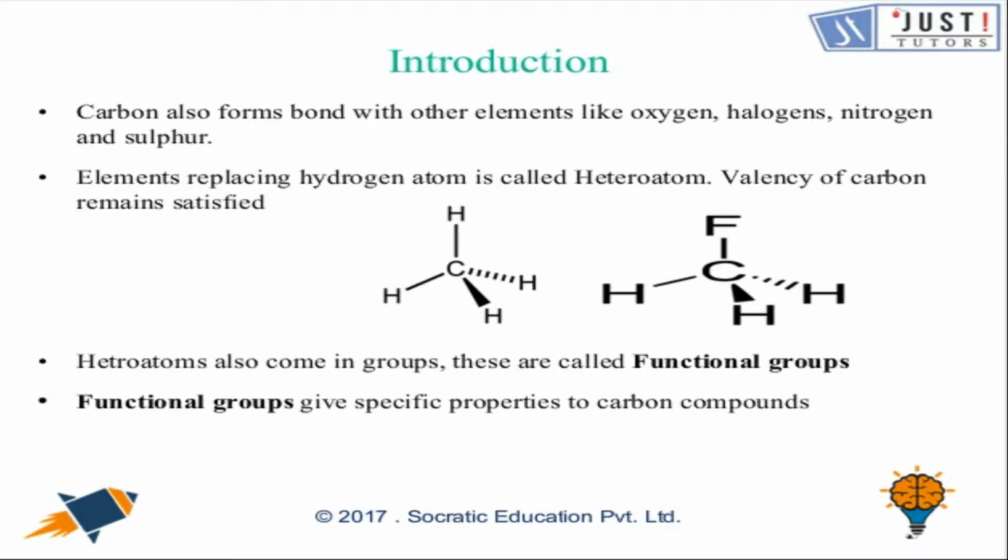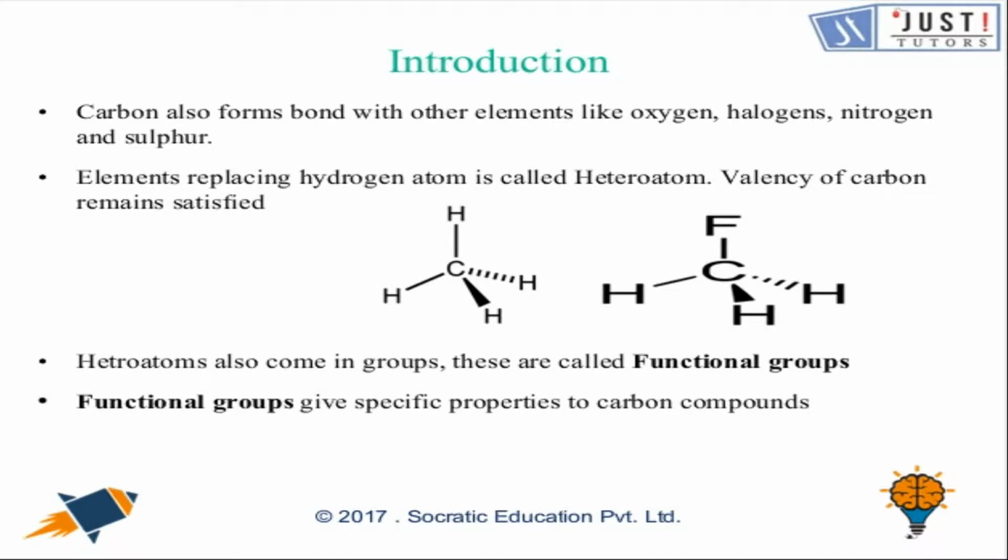So, what are functional groups and how are they formed? Well, carbon is a very friendly element. Other than hydrogen, it can also react with halogens, nitrogen, sulfur, and oxygen as well. When any of these elements reacts with a hydrocarbon, one of the hydrogens is replaced by these atoms, and these atoms are called heteroatoms.